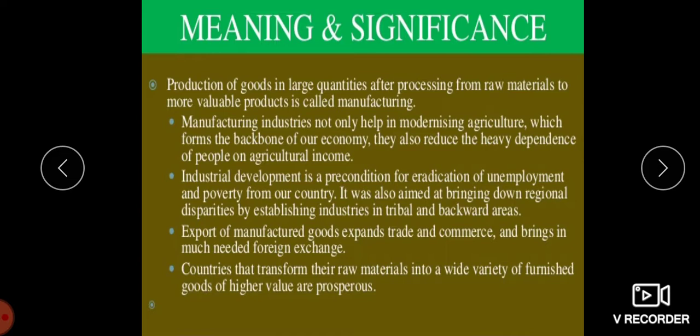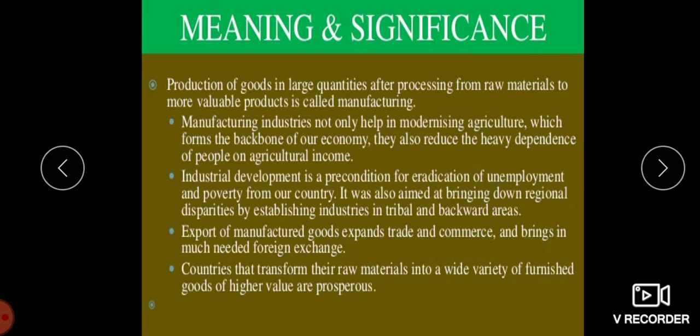Manufacturing industries not only help in modernizing agriculture, but also form the backbone of our economy. They also reduce the heavy dependence of the people on agricultural income. Industrial development is a precondition for eradication. Eradication means removing unemployment and poverty from our country, children.